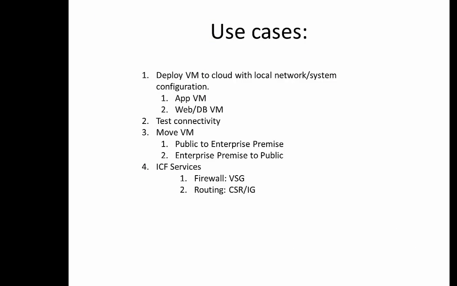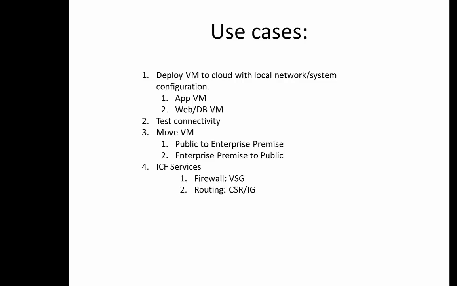Use cases can be, as I said before, deploying the VM to the cloud with local network or system configuration. Now, ICF doesn't deploy VMs into your vCenter or your local private cloud. If you want to do that, then you need to use something like UCS Director. But this is mainly for managing the VMs in the cloud.